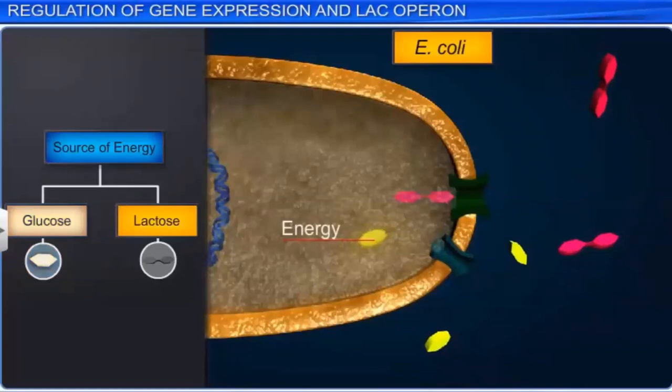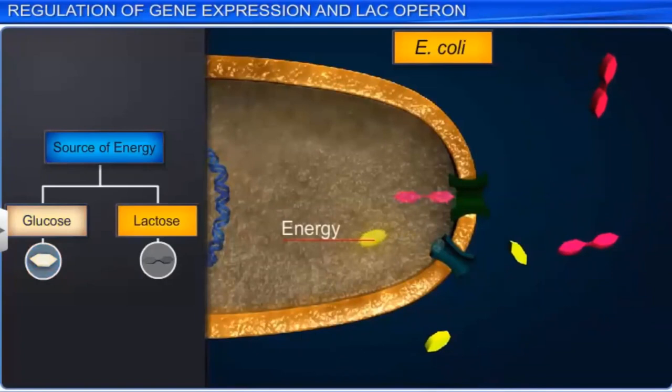The name of this model is lac operon because, as I said, lac is lactose, whose presence or absence makes the gene expressed, and this was given by Mr. Operon. That's why it is known as the lac operon model. He explained in prokaryote, in E. coli bacteria, how it happens.